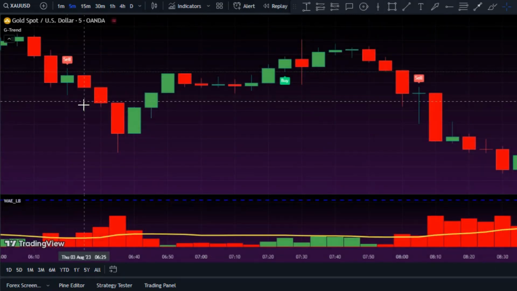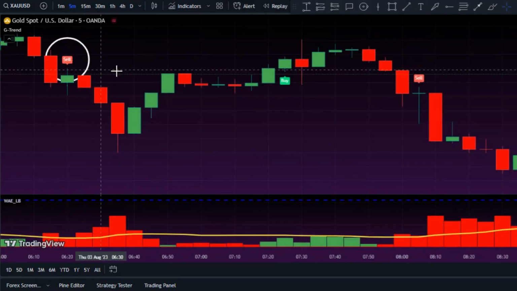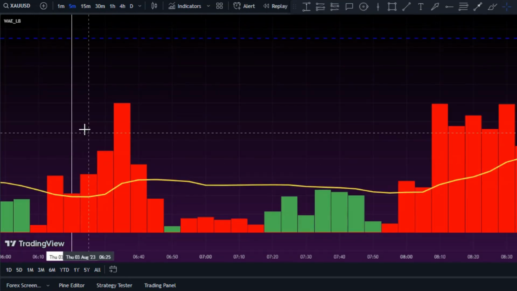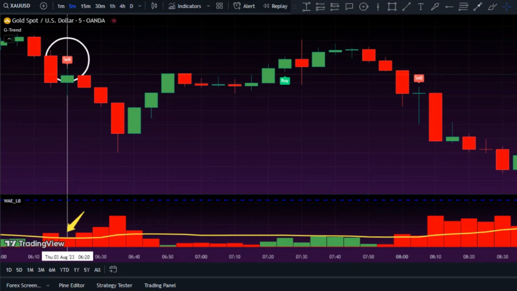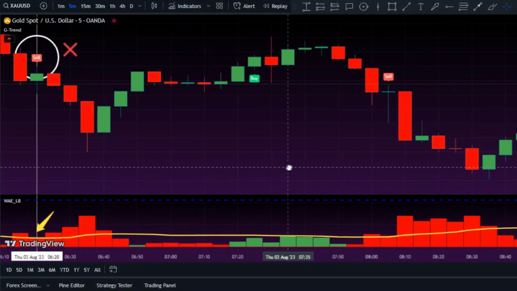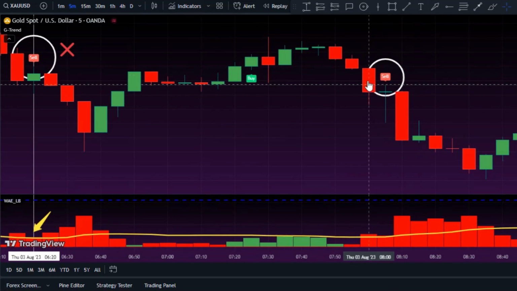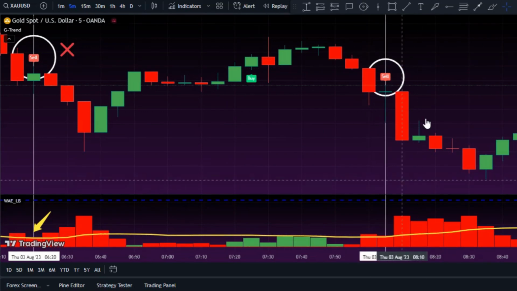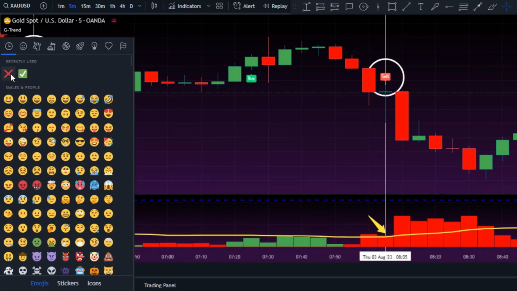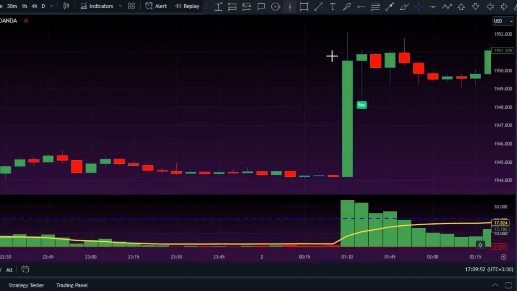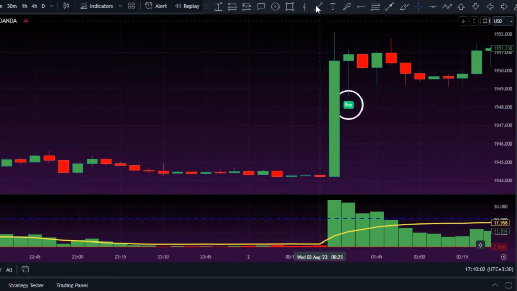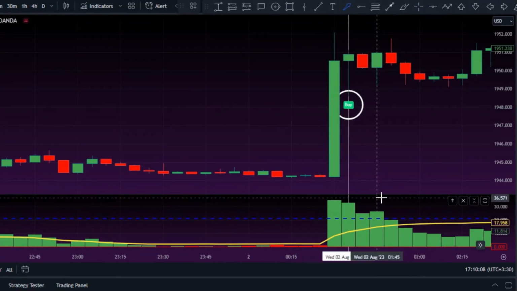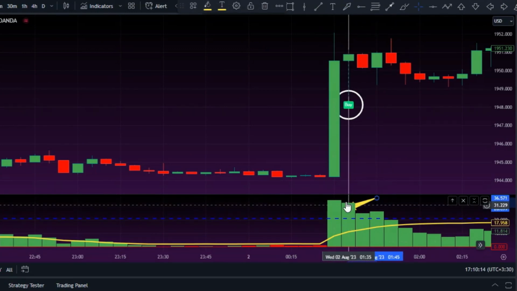In the first example, a sell signal popped up, but the trade was rejected because the WAE indicator was below the moving average. In the next one, a buy signal showed up, but the trade wasn't confirmed because the WAE indicator was below the no trade zone.